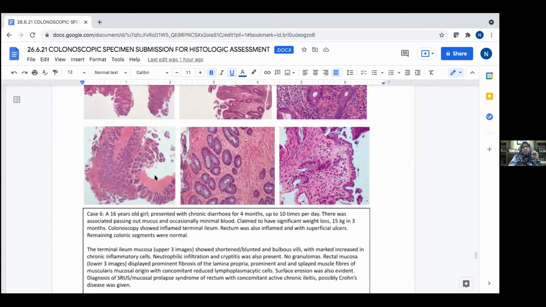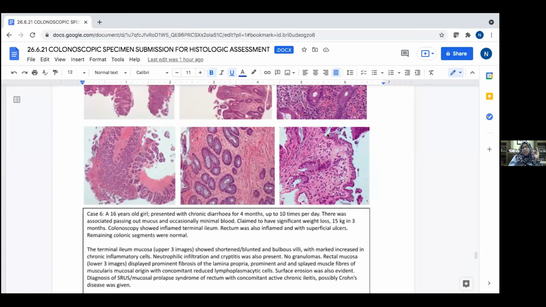But the rectal mucosa showed quite straightforward changes of solitary rectal ulcer syndrome. Very prominent fibrosis of the lamina propria, with splayed, prominent smooth muscle cells within the lamina propria from the distorted muscularis mucosae layer.